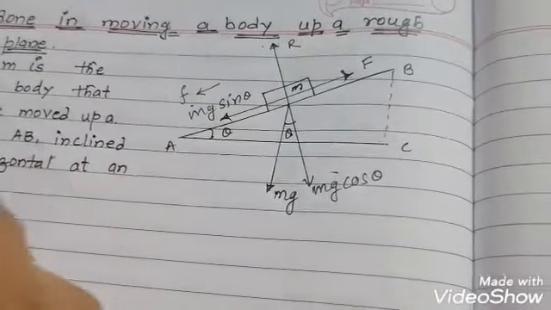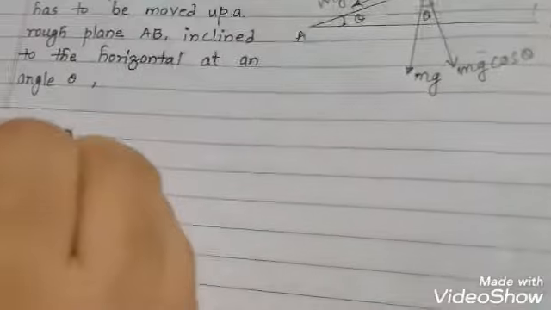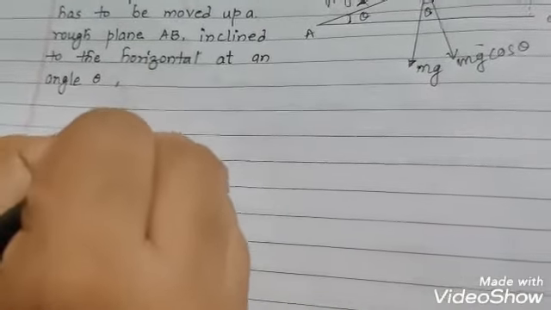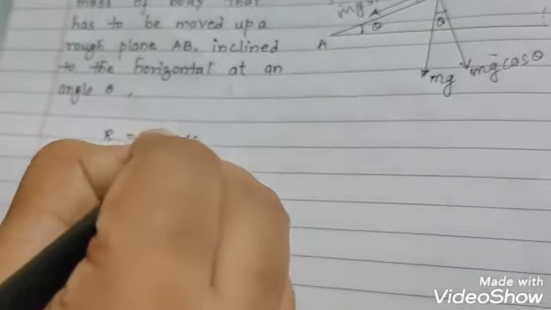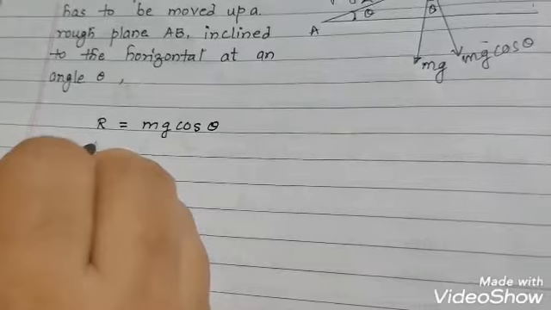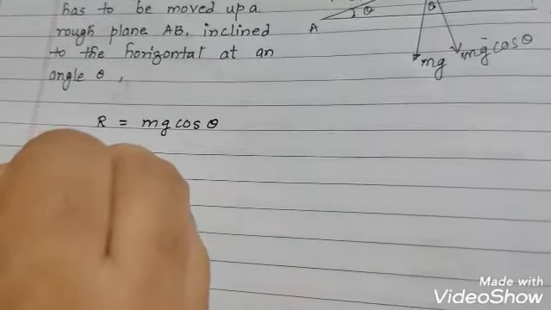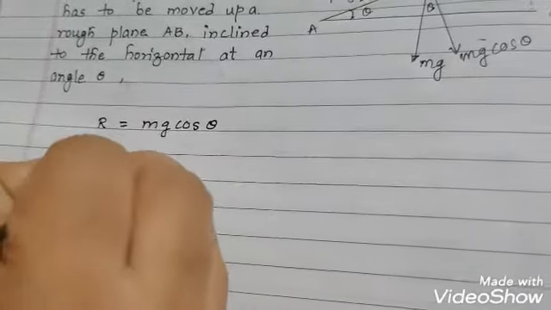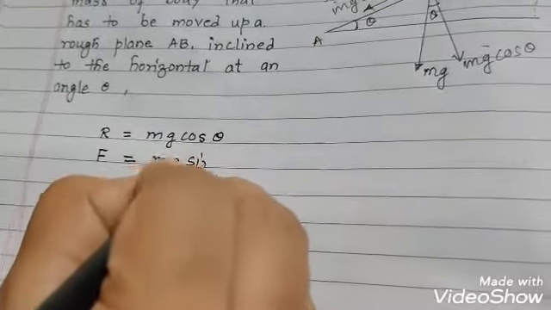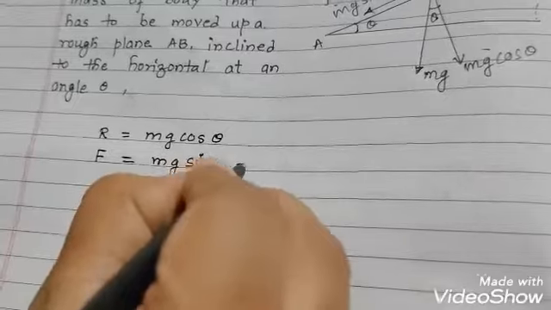So we are writing here that the reaction force R balances mg cos theta, and the net force F is equal to mg sin theta plus f.